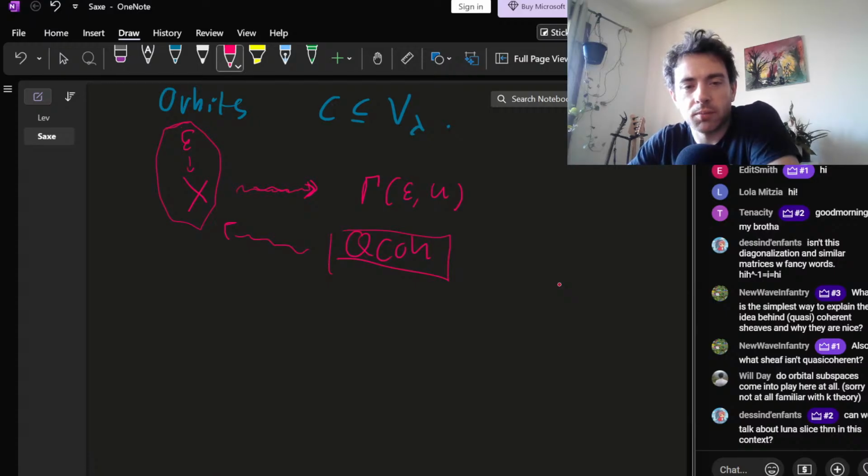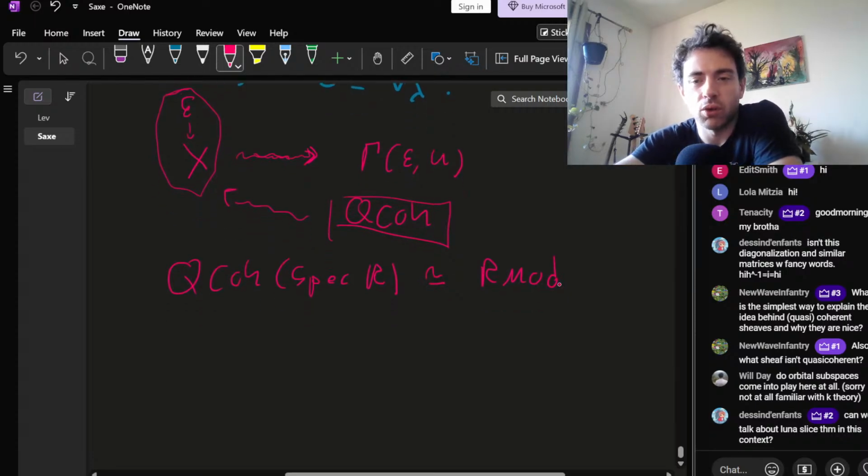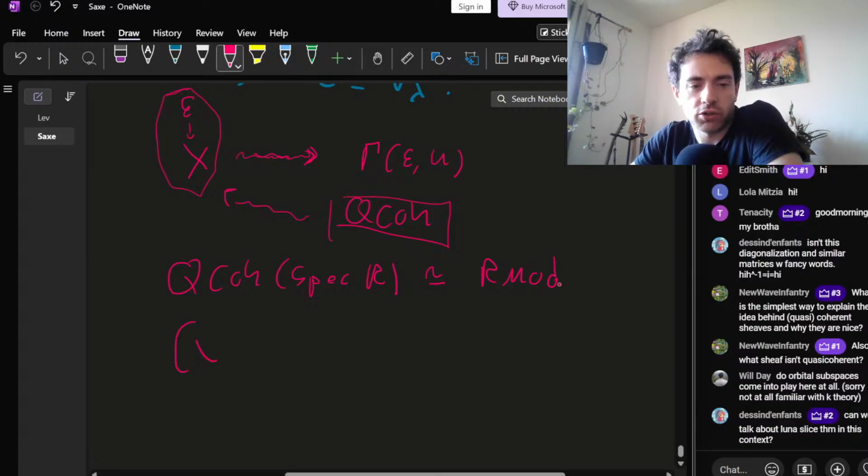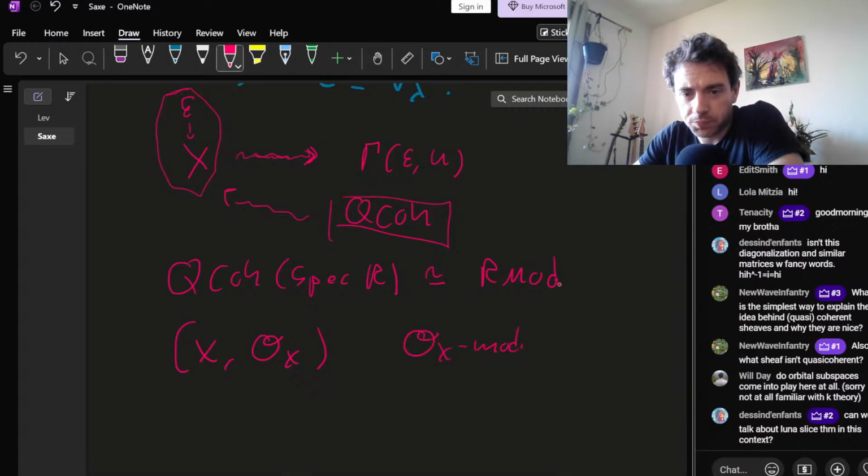Also, the category of quasi-coherent sheaves on spec R is equivalent to the category of R modules. So basically a quasi-coherent sheaf is something that is locally an R module. In particular, if you have a space X and the structure sheaf, a quasi-coherent sheaf is an OX module.